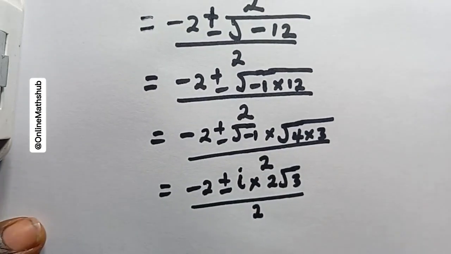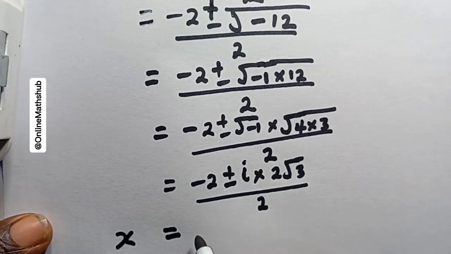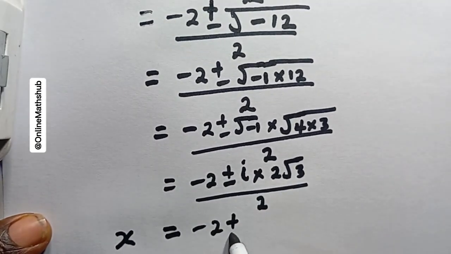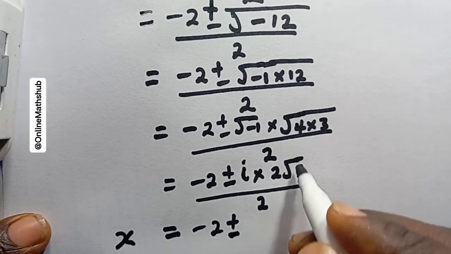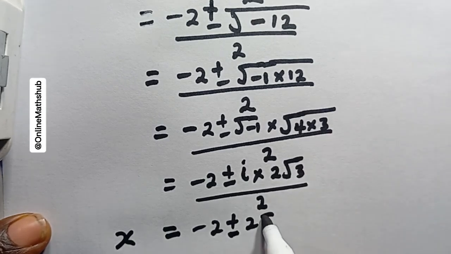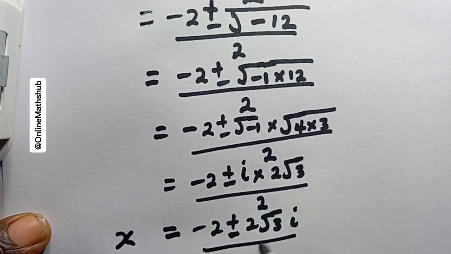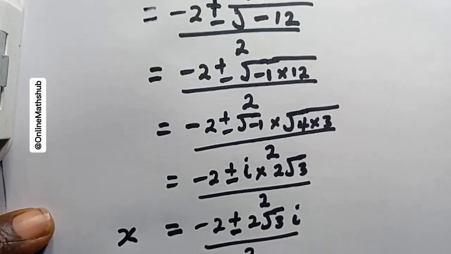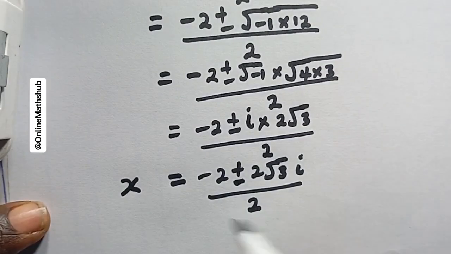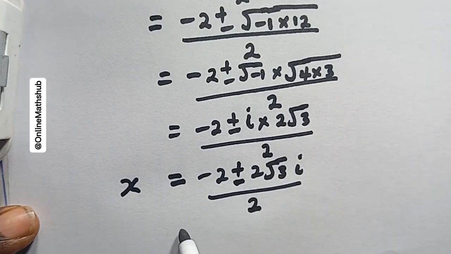So if I write this, x is equal to minus 2 plus or minus, I'm going to write this first, 2 root 3 i, and then divided by 2. And since 2 is common for all of it, I'm going to factorize 2 out.